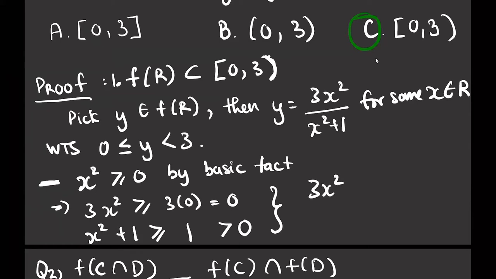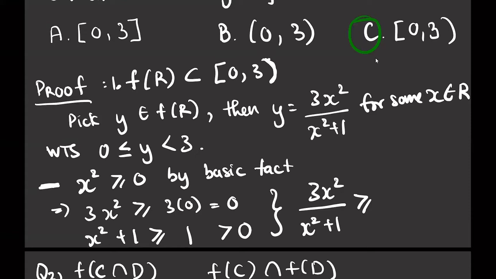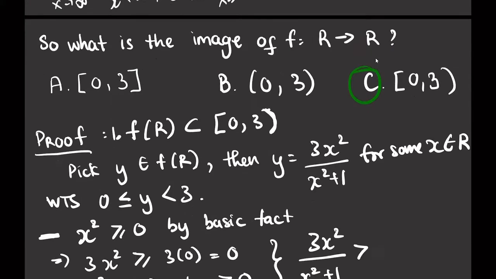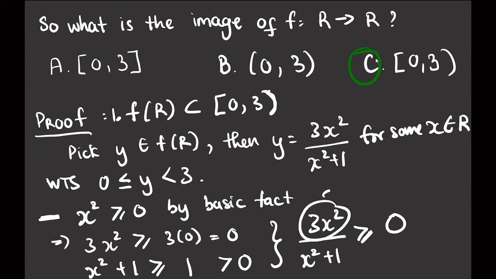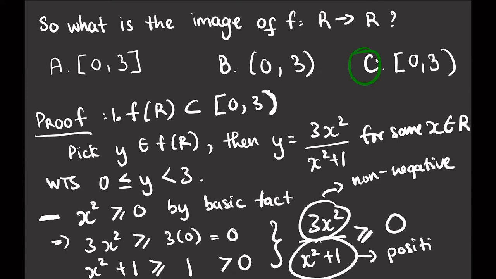So 3x squared over x squared plus 1 is greater than or equal to 0, because the numerator is a non-negative number and the denominator is a positive number.